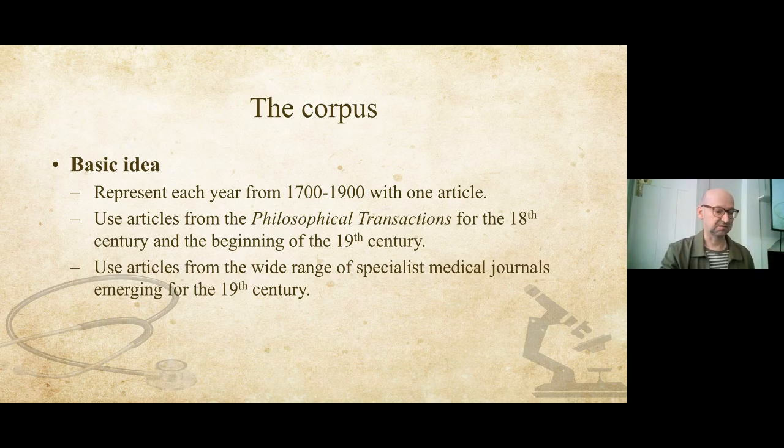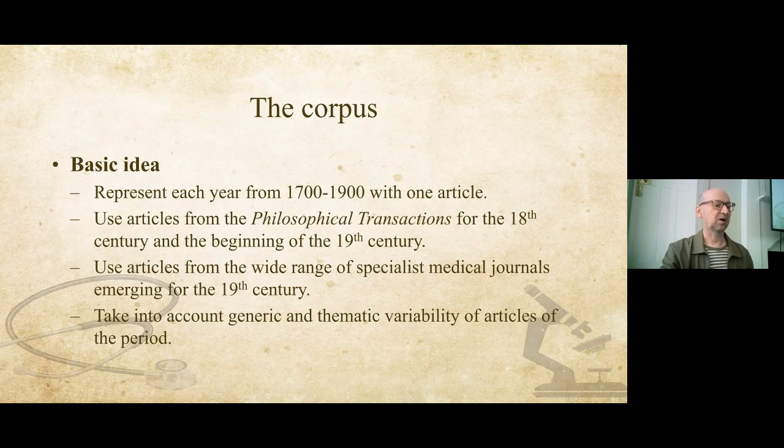So The Lancet, New England Journal of Medicine, British Medical Journal, etc. And take into account the generic and thematic variability of articles of the period. That was the basic idea.